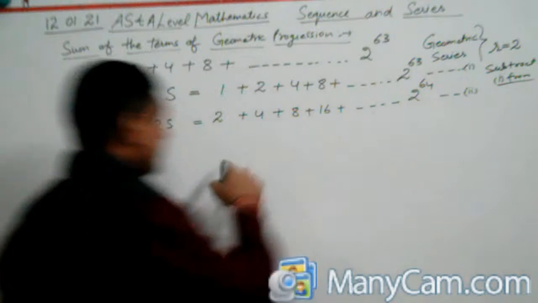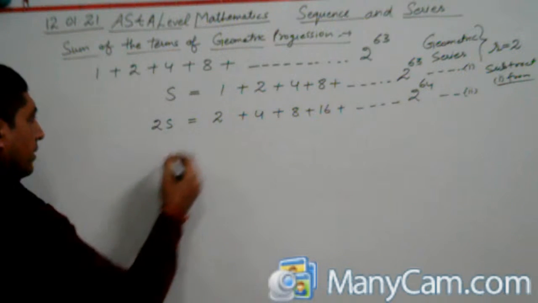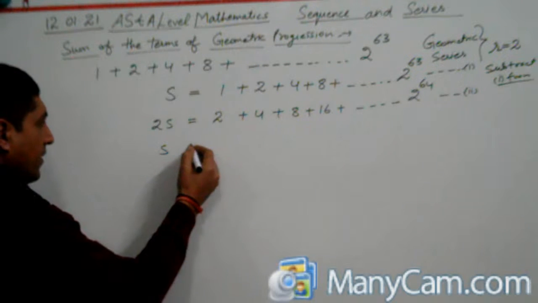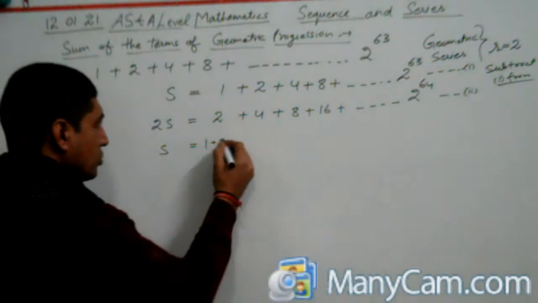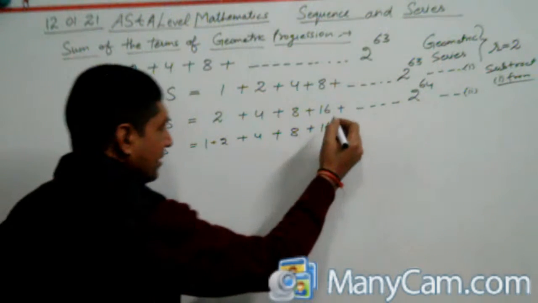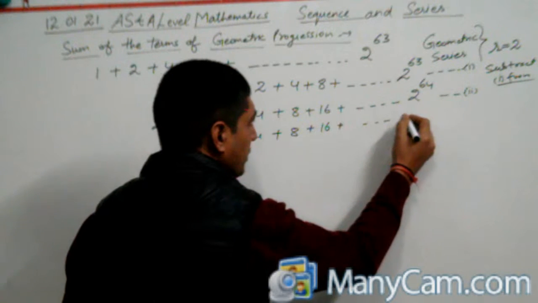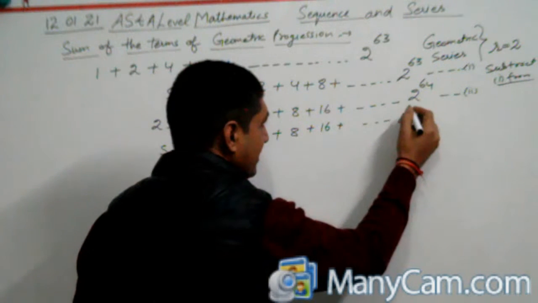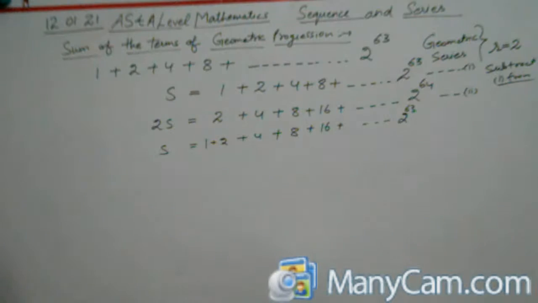When we subtract the equations, here we have S, that is 1 plus 2 plus 4 plus 8 plus 16 plus so on up to 2 raised to power 63.